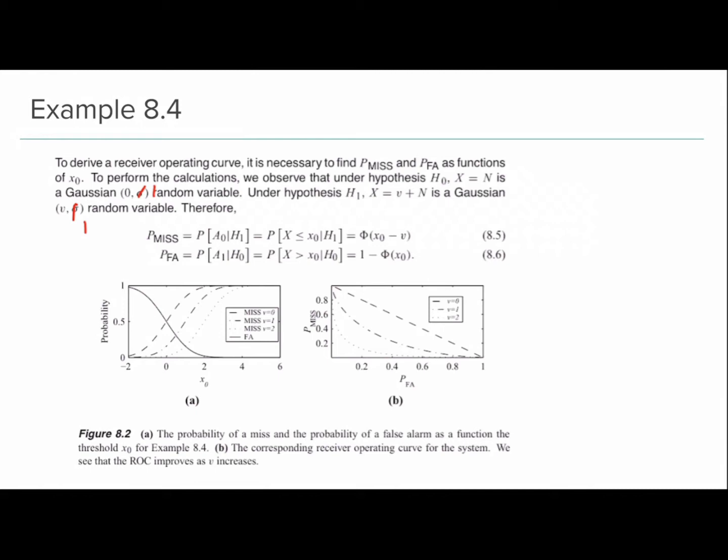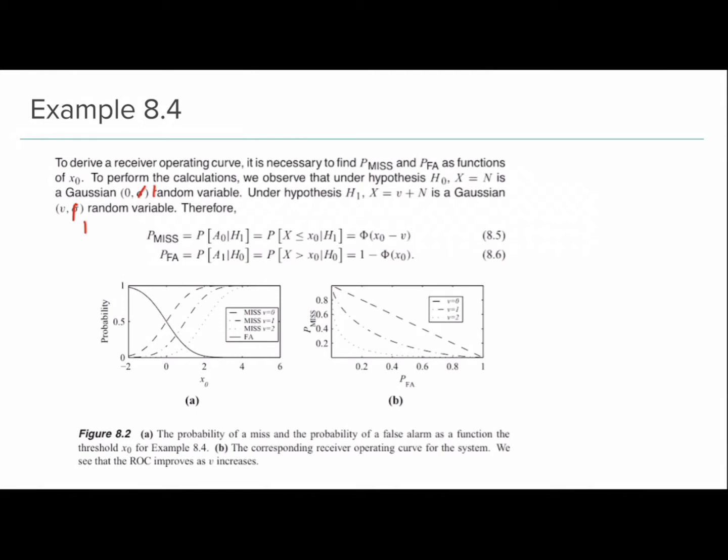And under the hypothesis H1, that the target is present, x will be equal to v plus n, which is a Gaussian random variable with mean v and standard deviation 1, since it's just a shifted version of the standard Gaussian, right?